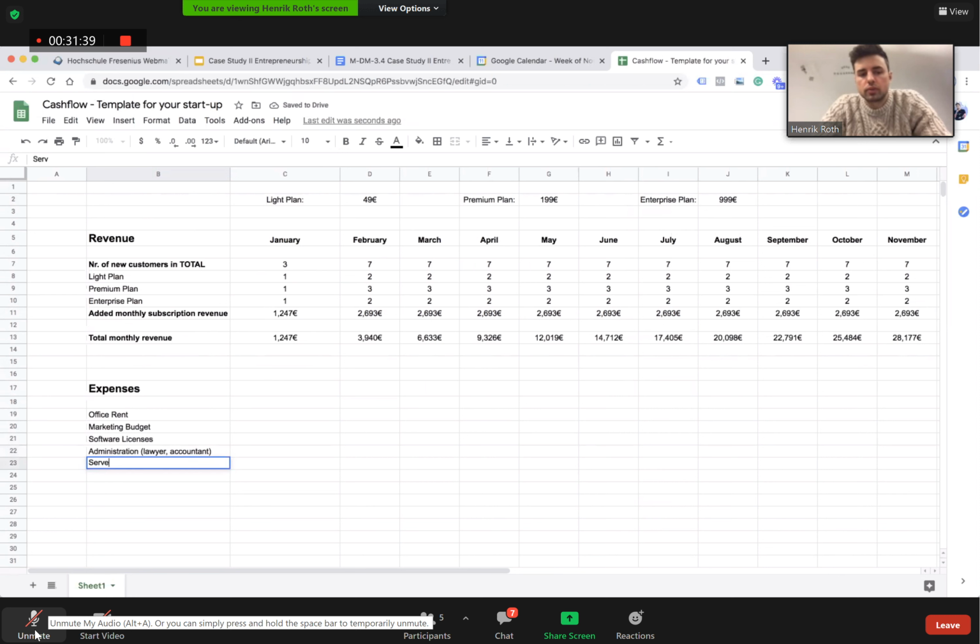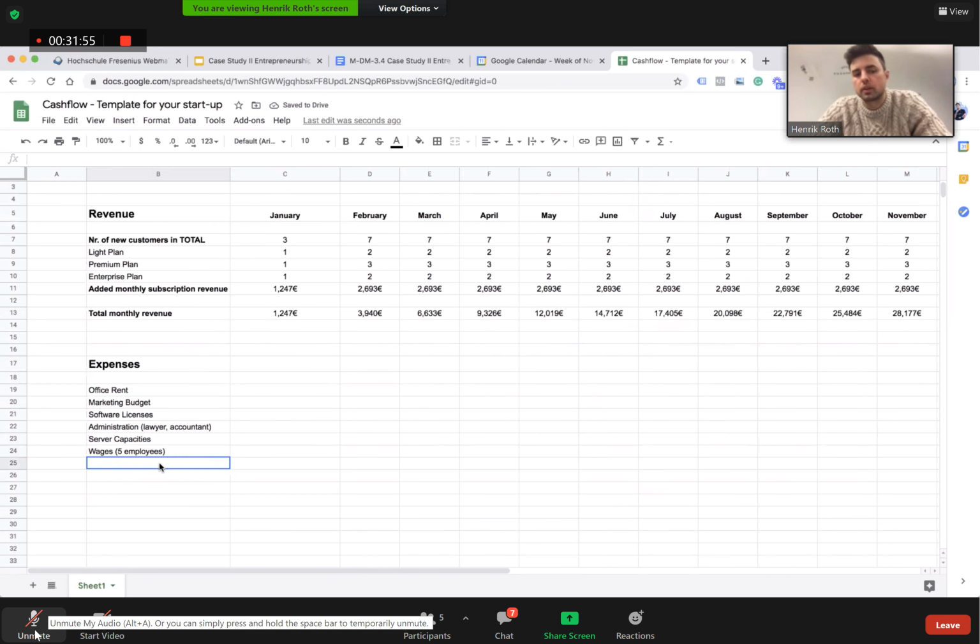We have server capacities. We have wages of, let's say, 5 employees. Here you can also, of course, do that more specifically. So write down each employee here in the line and then say how much they cost you.